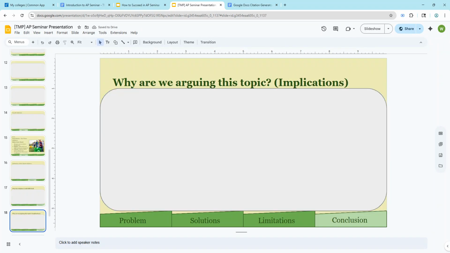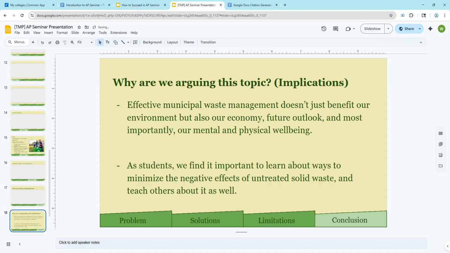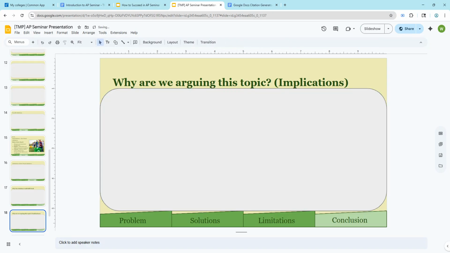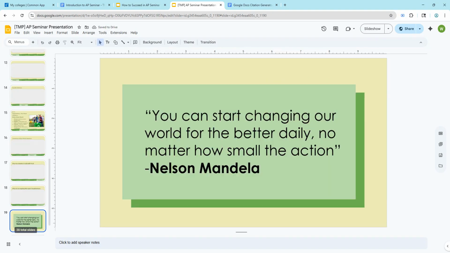And then we directly titled, why are we arguing this topic? What is its relevance in today's society? What are the implications? Once again, very straightforward bullet points right here. Then my team member ended with a very powerful quote from Nelson Mandela.